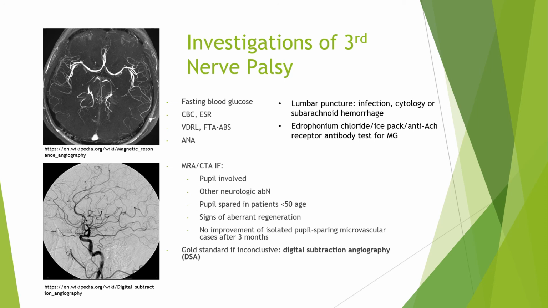Such angiographies can also be considered if there is no improvement of the isolated pupil-sparing microvascular cases after 3 months. If all these tests are inconclusive, the gold standard is to conduct a digital subtraction angiography.